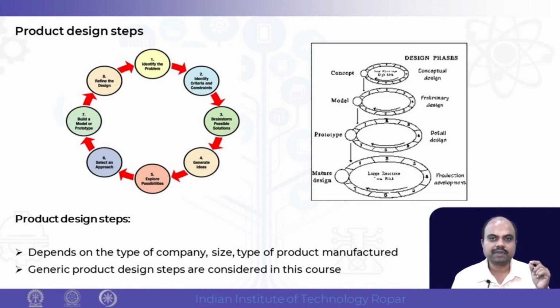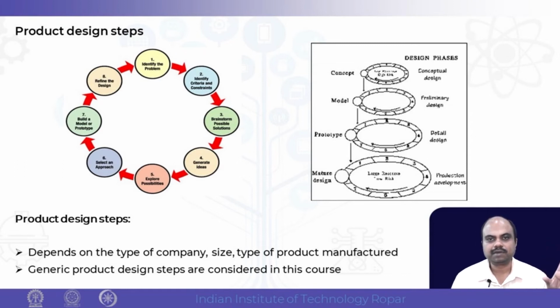There are so many different kinds of companies. So we cannot expect that all the companies will have the same steps in product design. Different companies follow different kinds of product design steps. However, there is a lot of commonality among them.